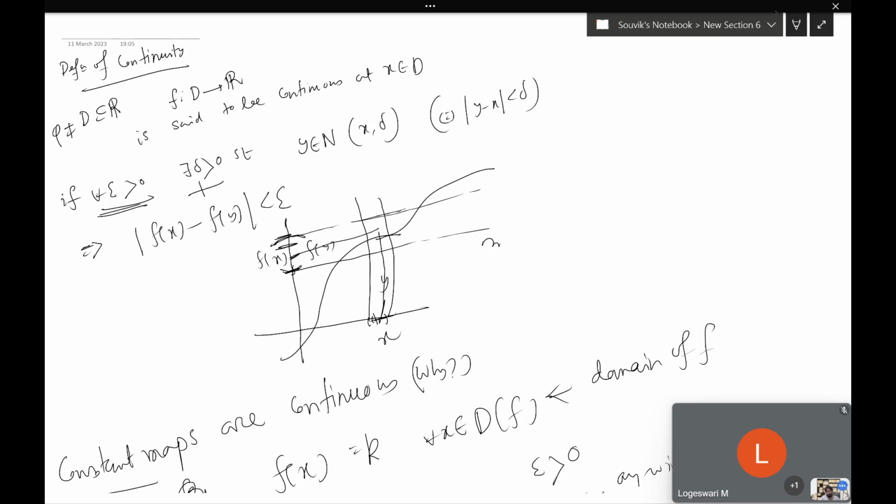So basically, a continuous function means we can draw the graph of the function without breaking the continuity of drawing lines or curves. Okay.